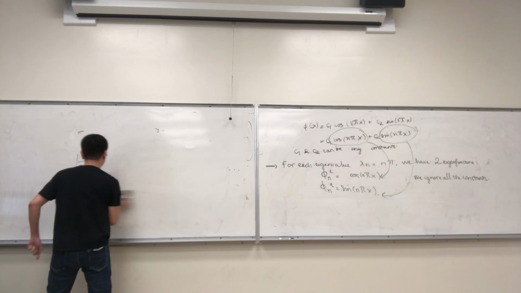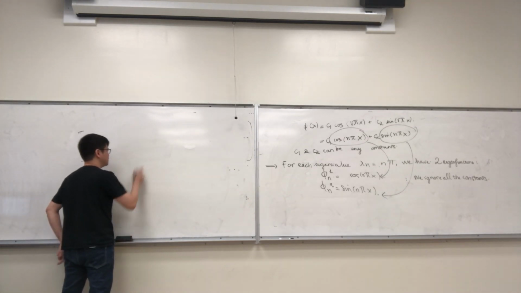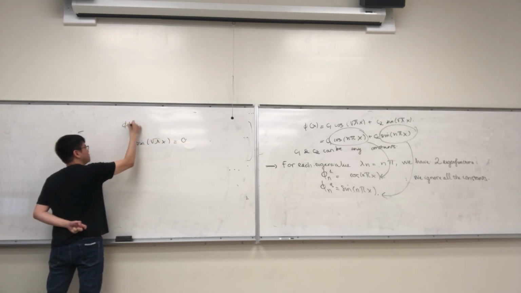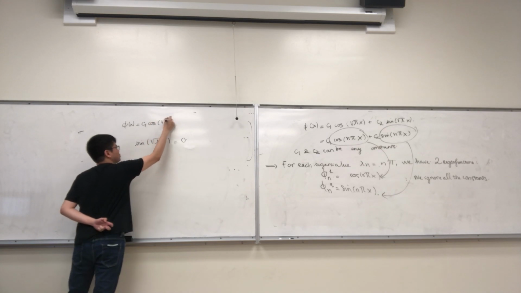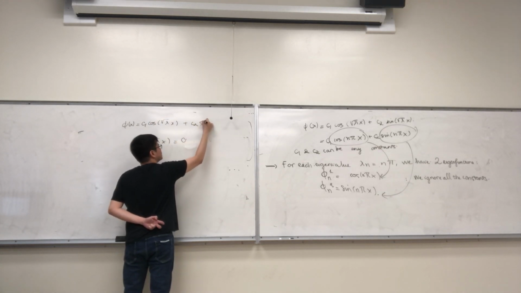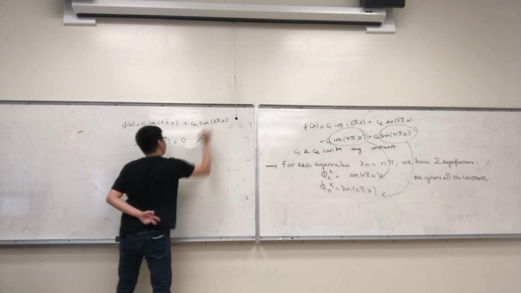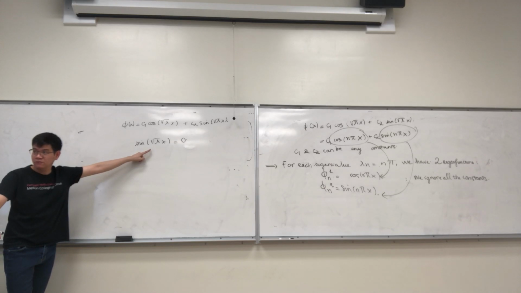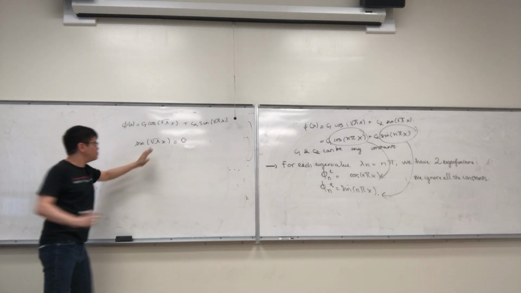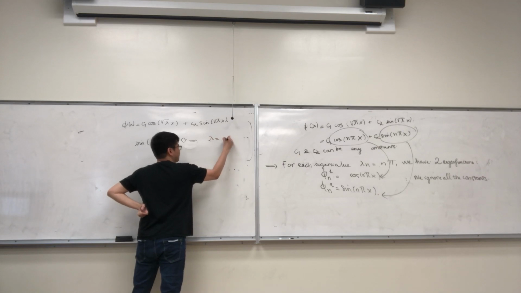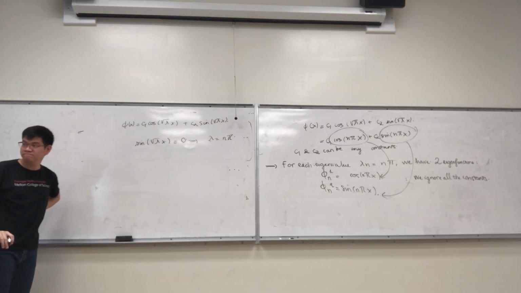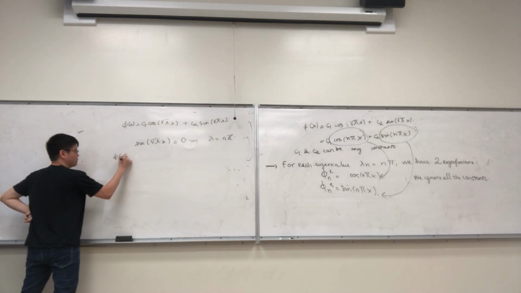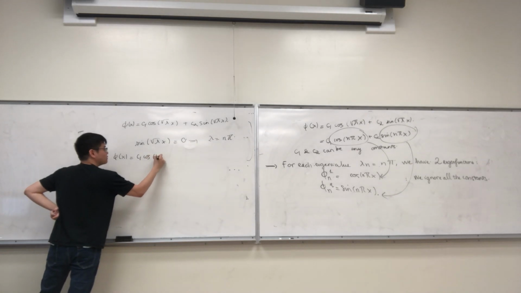What we find is the following: sinus of square root of lambda is 0, and the function is C1 cosinus of square root of lambda x plus C2 sinus of square root of lambda x. This is the solution. The condition is sinus of square root of lambda equals 0. This gives you n pi. So you plug this back into this solution, so you have C1 cosinus.